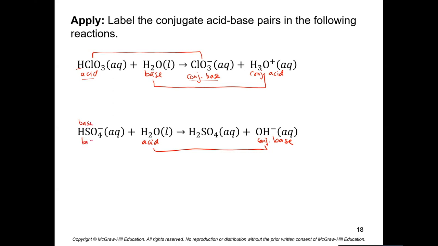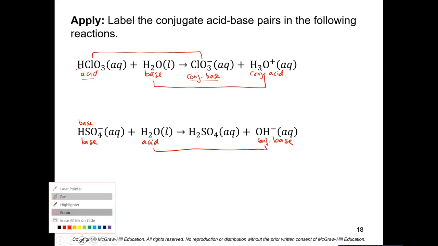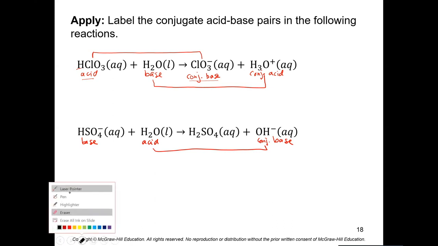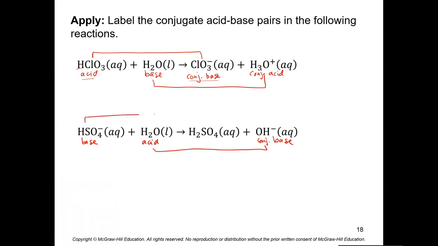I'll write that down here. So that means this is going to be the conjugate acid. So HSO4 minus as a base, its conjugate acid is going to be H2SO4.